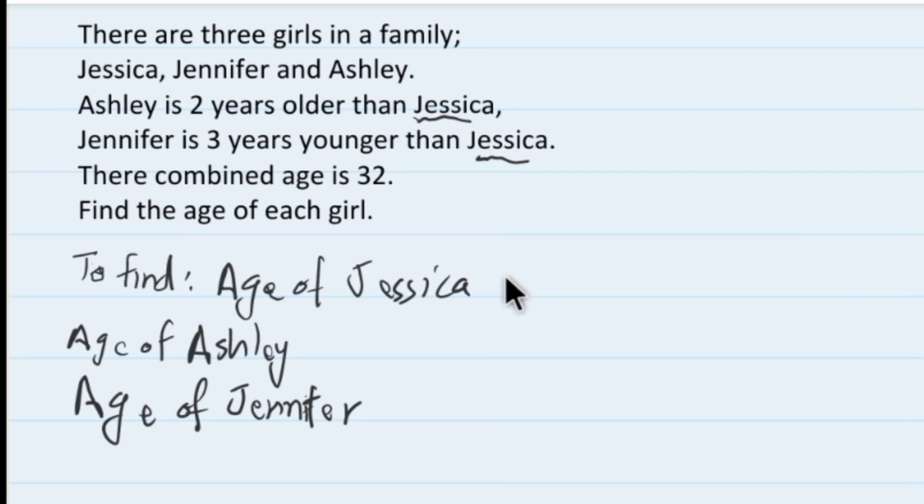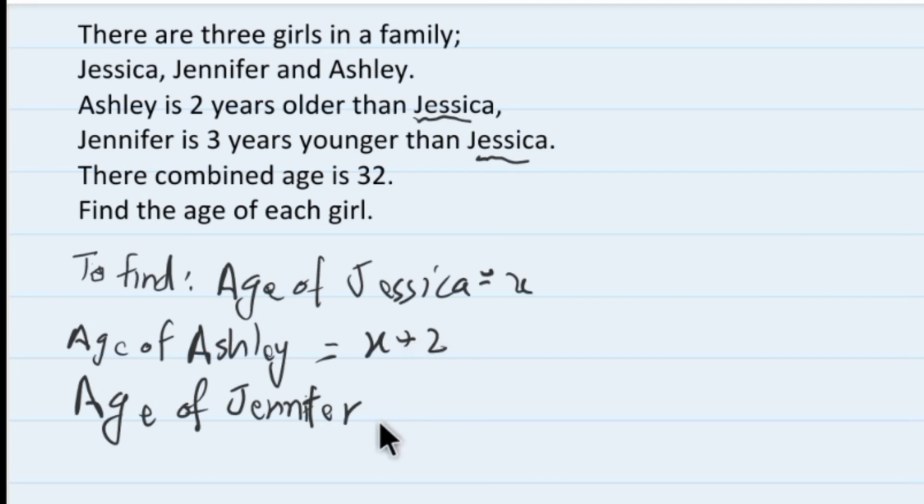Let the age of Jessica be x. Then what would be the age of Ashley? Ashley is 2 years older than Jessica. Since she is 2 years older than Jessica, her age would be x plus 2. Plus means more. Plus 2 means older by 2, more than 2.